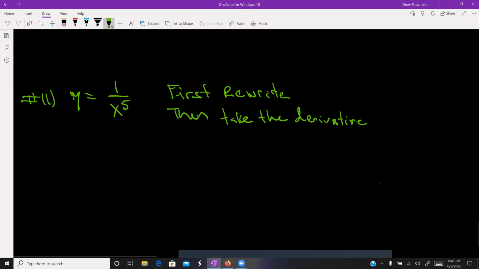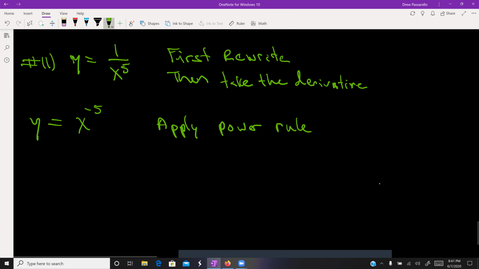All right, so I would rewrite it using exponent rules as x to the negative 5th, and then apply the power rule. Now take the derivative, so y prime is going to equal, you drop down the exponent to be negative 5 times x, and then you subtract 1 from the exponent, negative 5 minus 1, which is negative 5x to the negative 6.